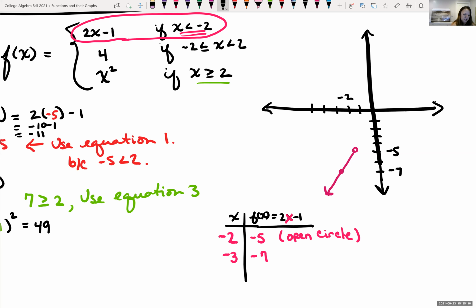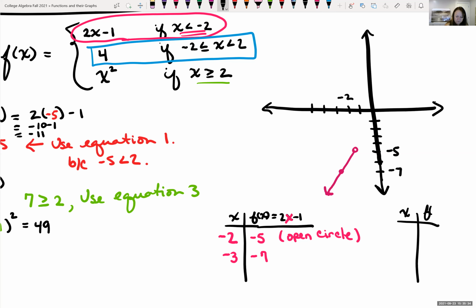So if I look at equation 2, that's just a constant. If I'm plotting points, any number I plug in between -2 and 2, not including 2, I get a y value of 4. I always want to see what's going on at the end values of my inequality. So let's plug in -2. If I plug in -2, I get back 4.